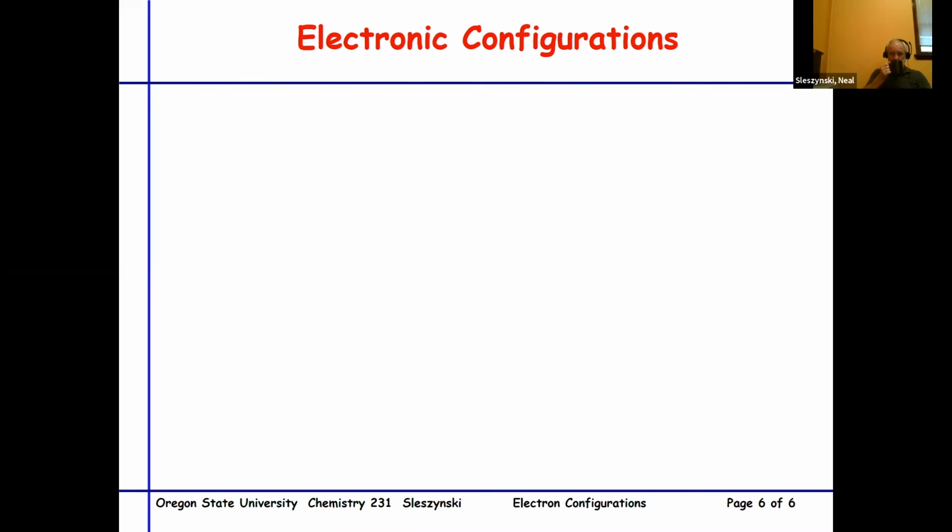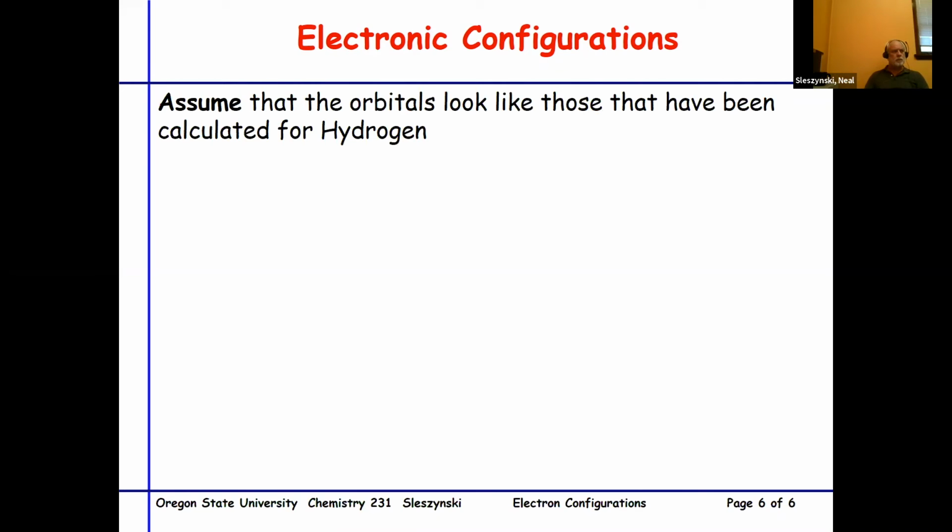Well, let's use the knowledge that we've just generated to take a look at some electron configurations for individual elements. The first thing that we're going to do is assume that the orbital energy behavior that we described on the previous slides, which has been calculated for hydrogen, looks the same for the rest of the elements.